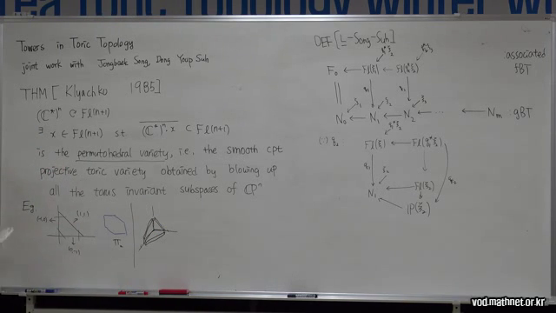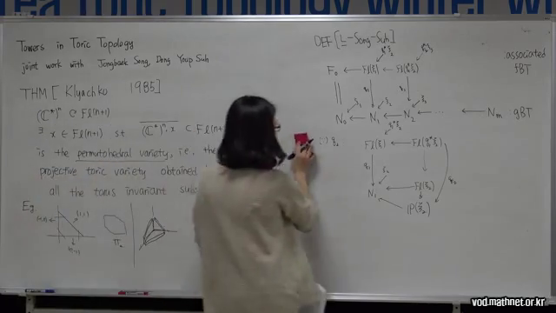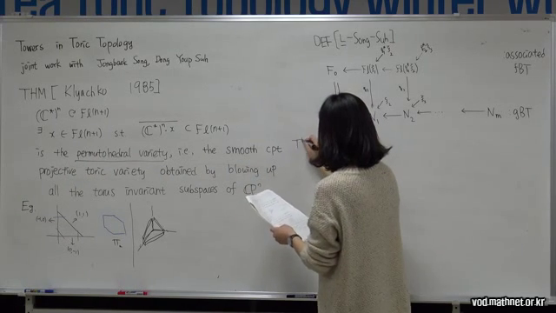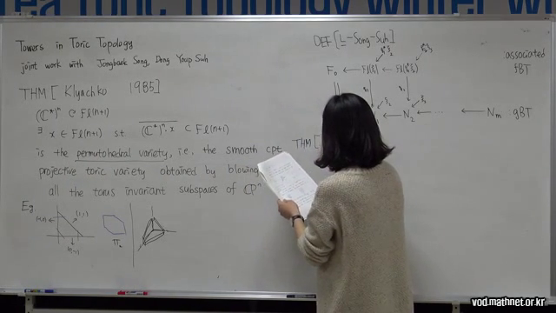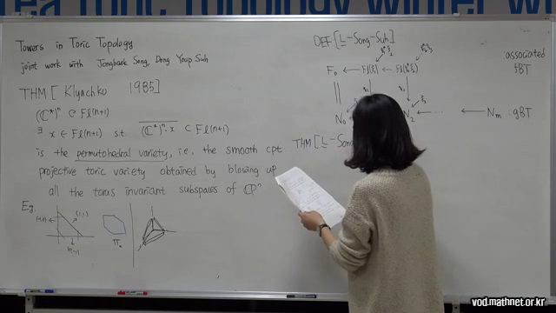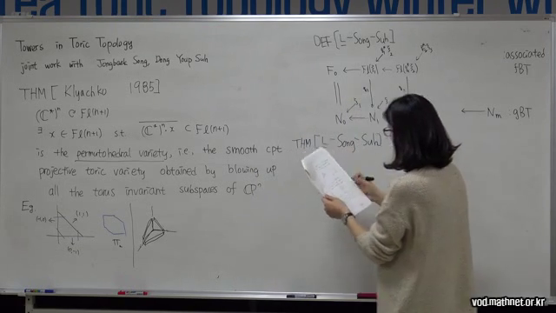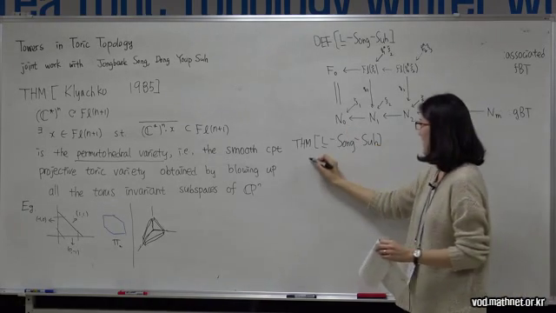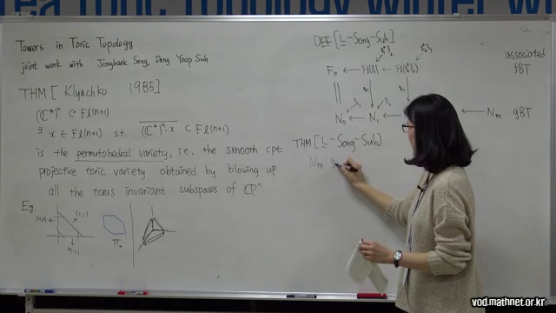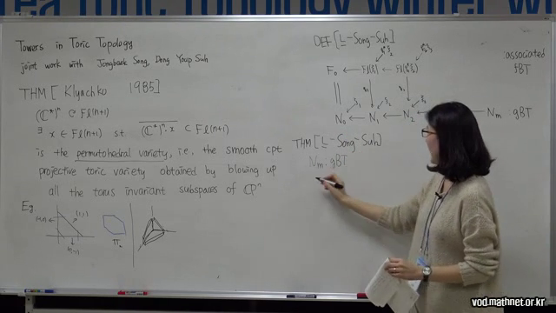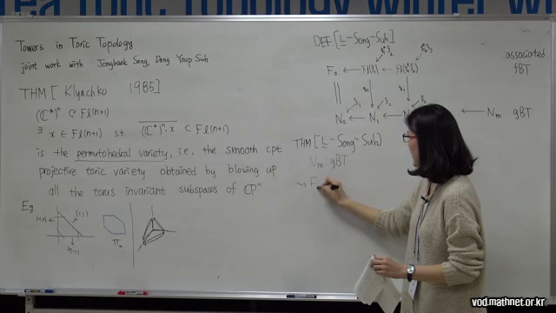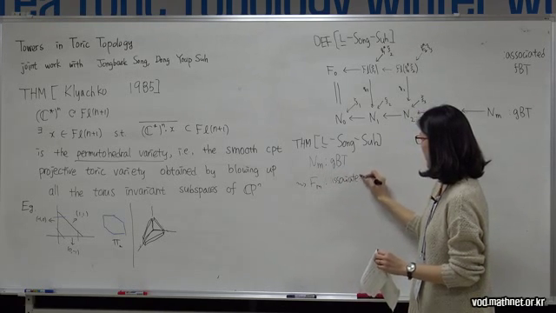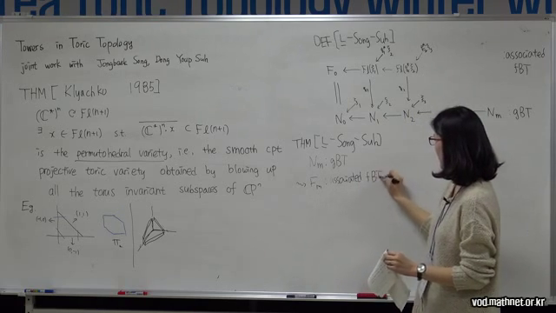And then our main result is that, let's say you have a generalized Bott tower, and let F_m be an associated flagified Bott tower.